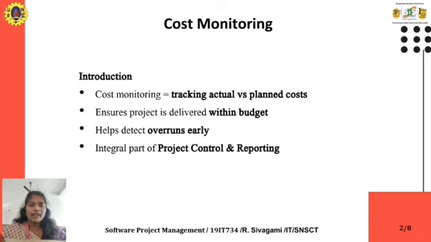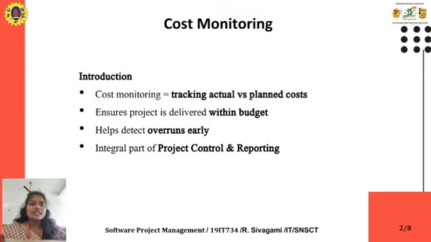But the actual amount varies from our planned cost. So we have to check what our planned cost is and what the project's actual cost is. This is cost monitoring.